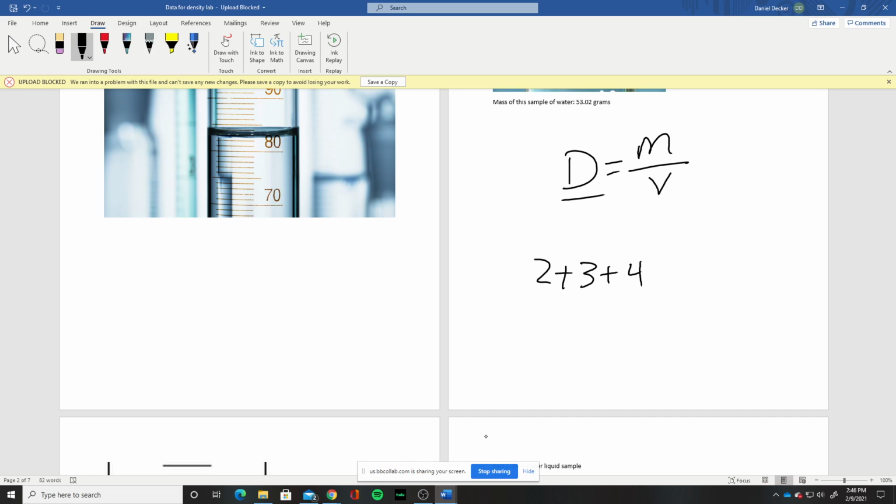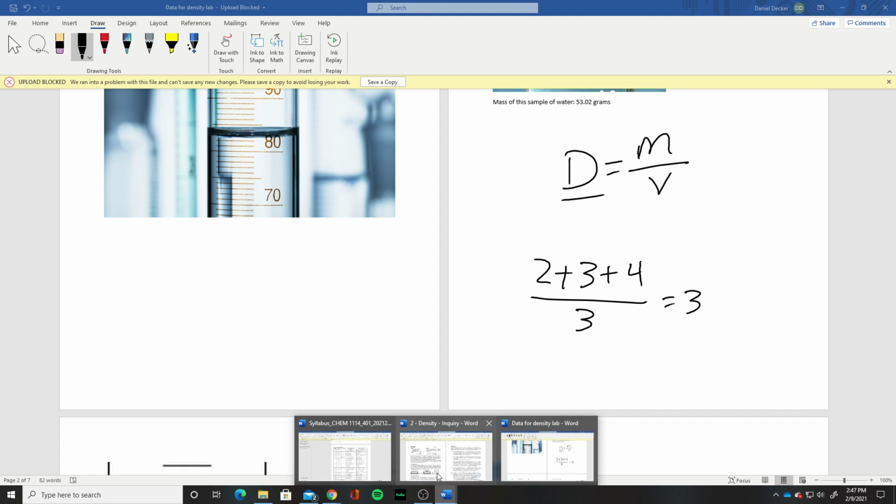To get the average, you would add all the measurements together and then divide by the number of measurements. Because I had 3 measurements, I'm going to divide by 3. So my average here would be 3. Again, I just picked those just to make the math easy on me, because I'm lazy, I guess. But that's how you would get the average. Take all three numbers, add them together, divide by the number of measurements, which in this case would be 3.